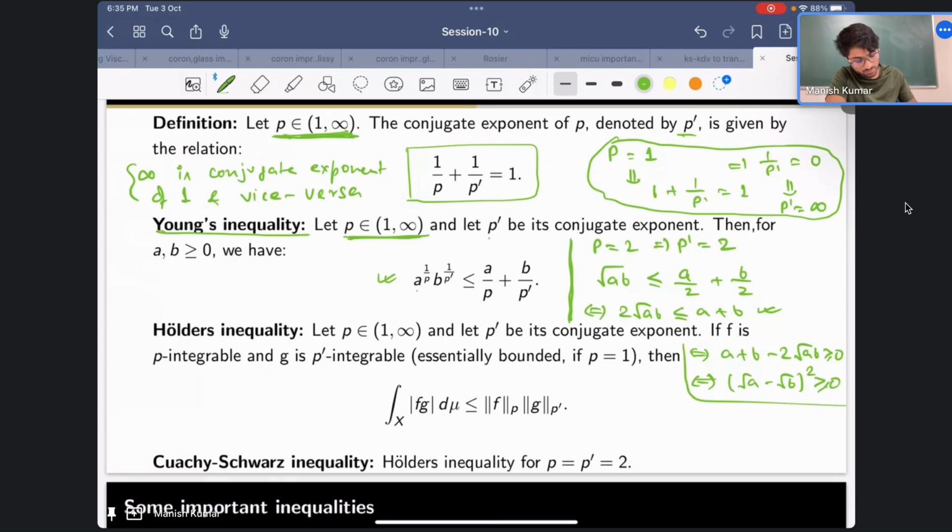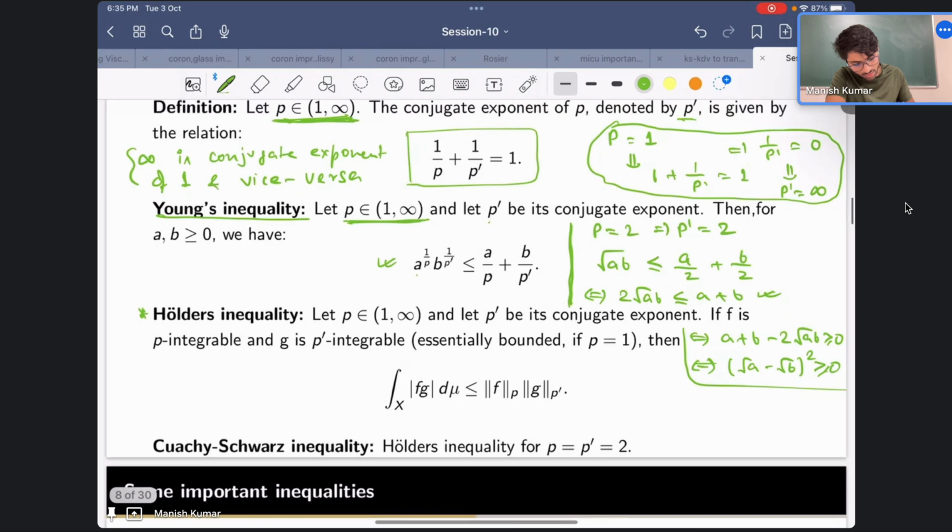So this was Young's inequality that deals with just real numbers, a and b. Using Young's inequality you can prove Holder's inequality. Let me not deal with L1.